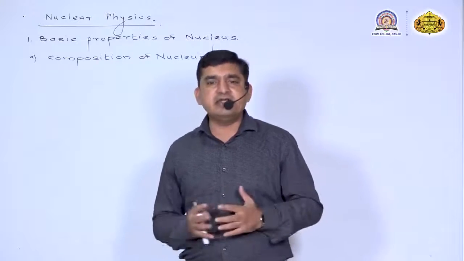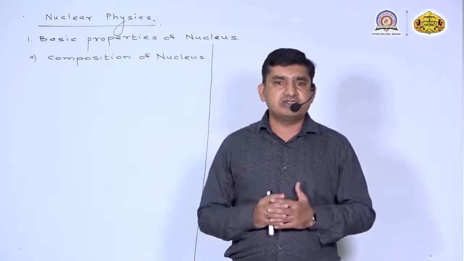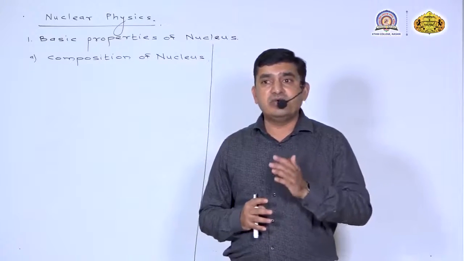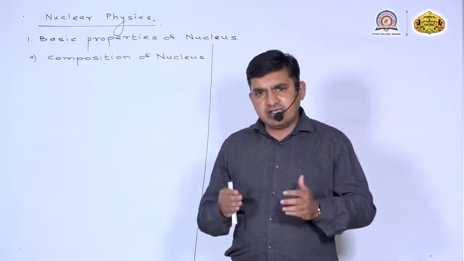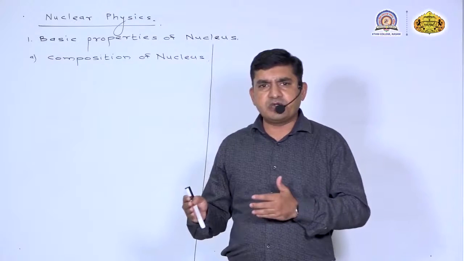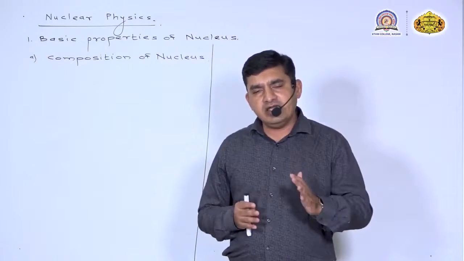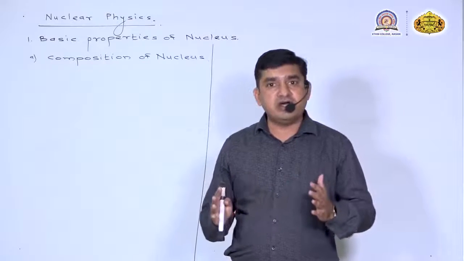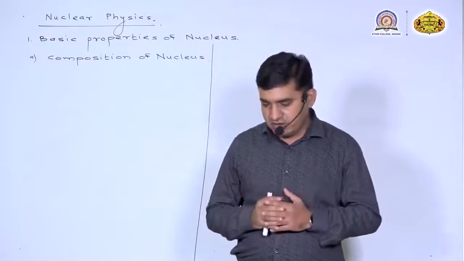Or we can say that the number of electrons revolving around a nucleus in a circular orbit is also known as the atomic number. Negatively charged electrons are revolving around the nucleus in a circular orbit.